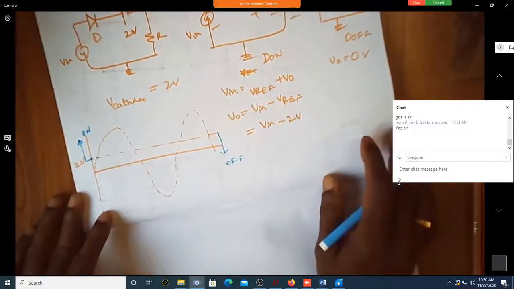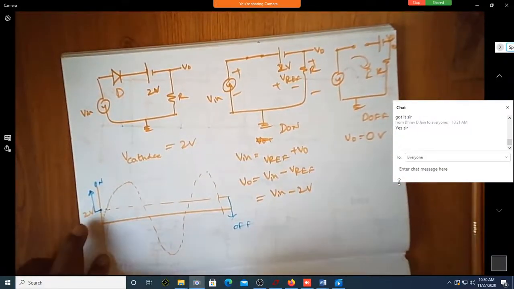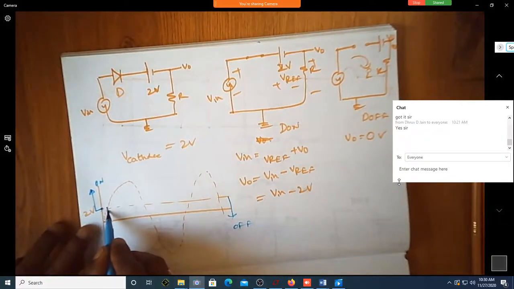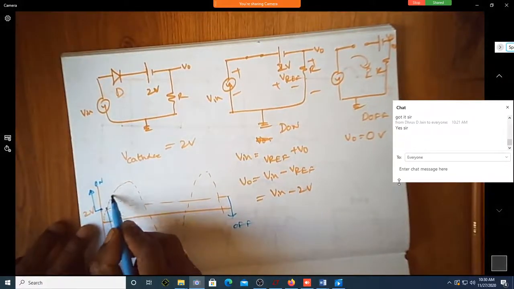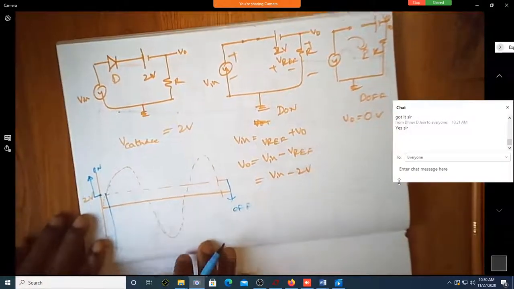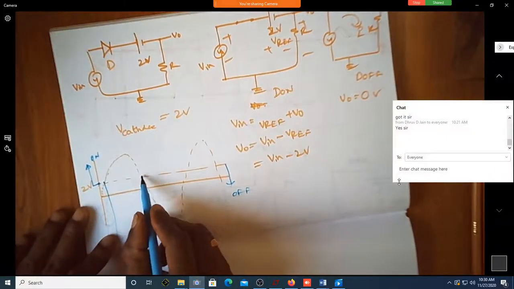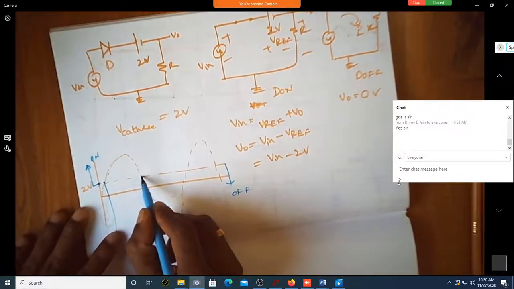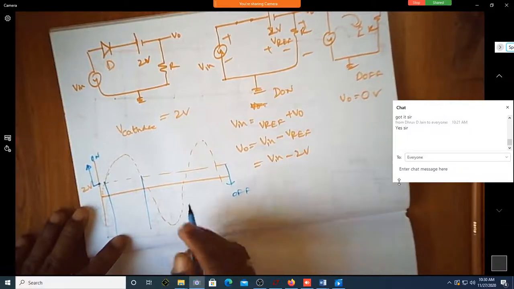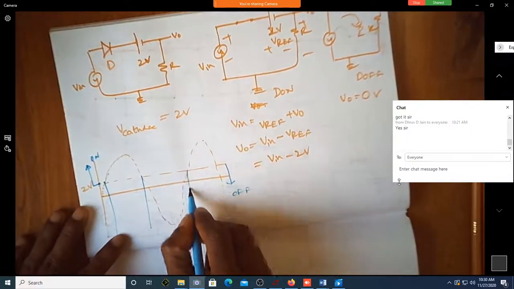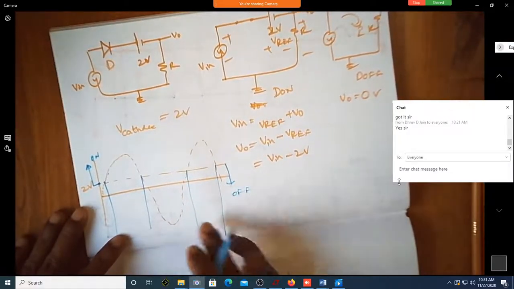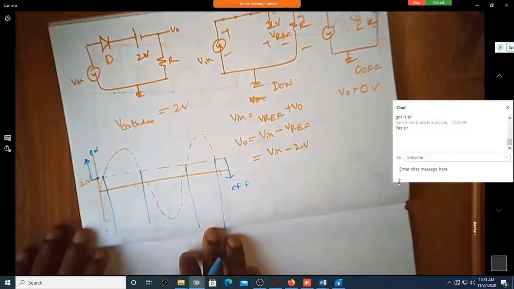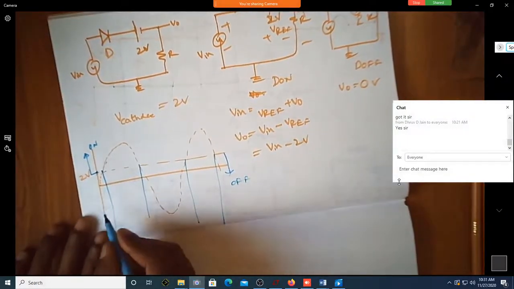Now, this is a transition point where it is going above 2. And this is again one more transition where the input is going below 2. You just drop a line wherever there is a transition happening between the input and the reference line. Correct? It will be off.